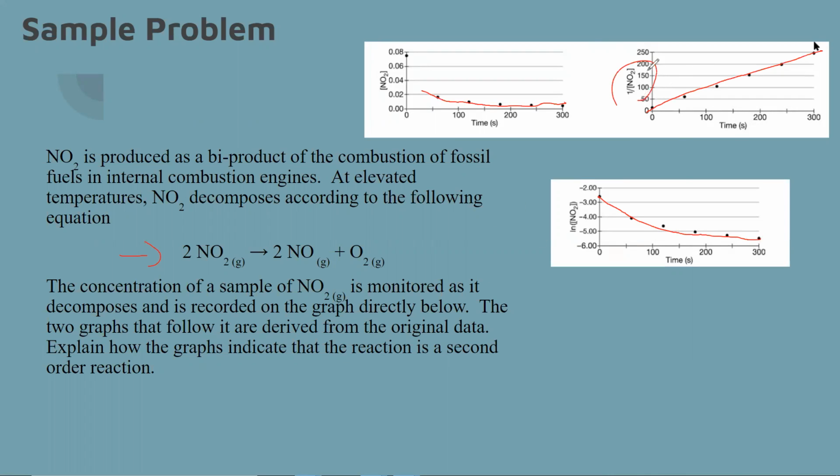So we notice that our y-axis is 1 over our concentration of NO2. In our example graphs a few slides back, we know that when we see a straight line with a positive slope in 1 over our concentration of NO2 on our y-axis, that is a second order reaction. So that straight line there tells you that information. So that's your indicator that explains how it is a second order reaction.